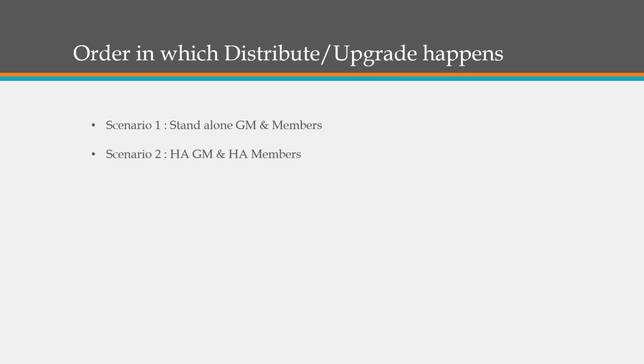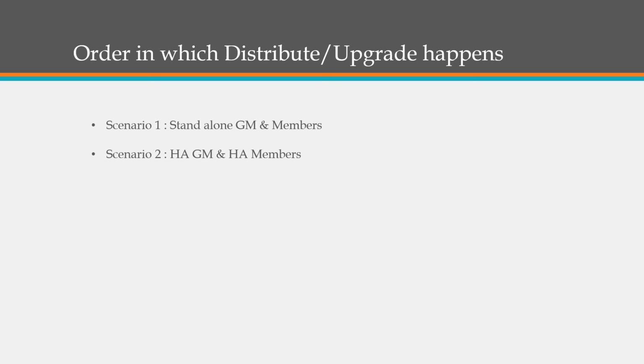I've already explained how you can tweak the order by creating upgrade groups, and within the upgrade groups you can also define whether the upgrade or distribute should happen in a sequential manner or simultaneously. But for the time being, let's consider that you don't have any additional upgrade groups configured.